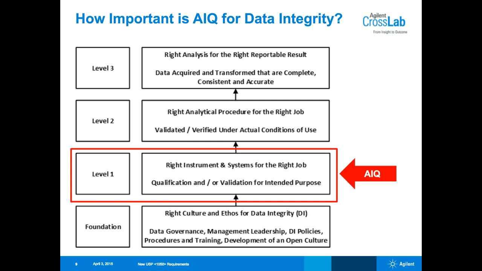And at the top of the tree, we have the right analysis for the right reportable result. The whole point of this layered model is that the requirements of the successive layers are built on the layers underneath, and the premise is that those layers work correctly.